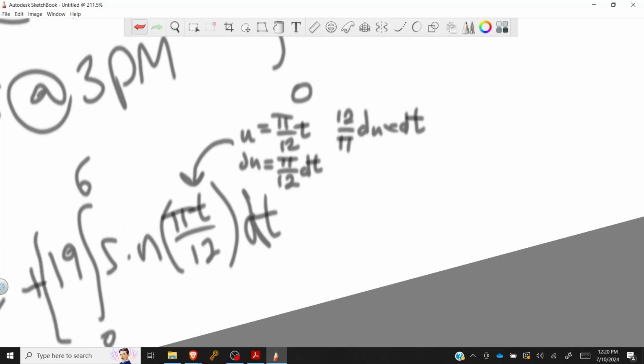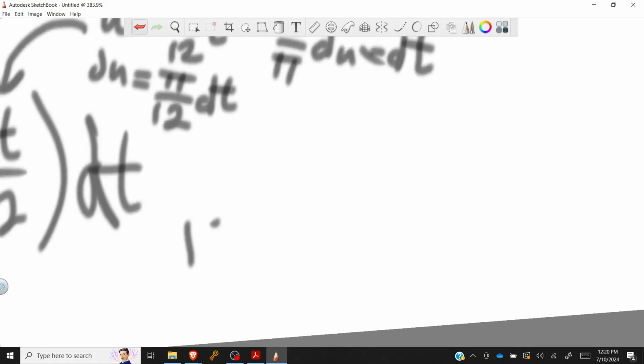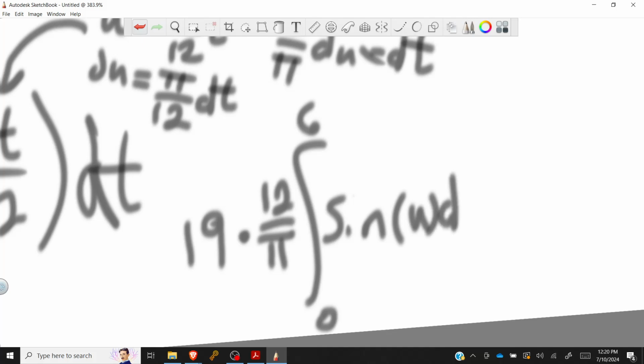So I'm just going to focus on this right-hand one right now because the other one's easy. So I'm going to do 19 times 12 over pi, just bringing all the constants out front, evaluated from 6 to 0 of sine of u du.